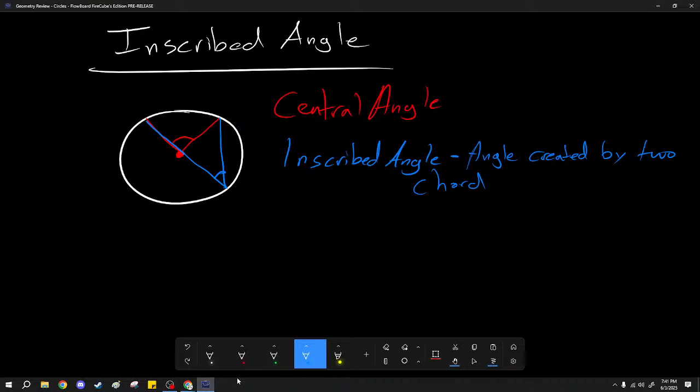The vertex is just the point where the two lines meet. For a central angle, the vertex is the center. For an inscribed angle, the vertex is on the edge.